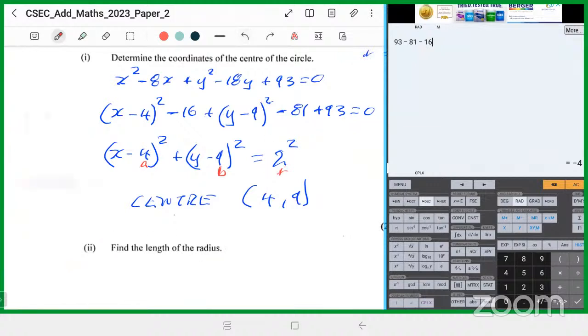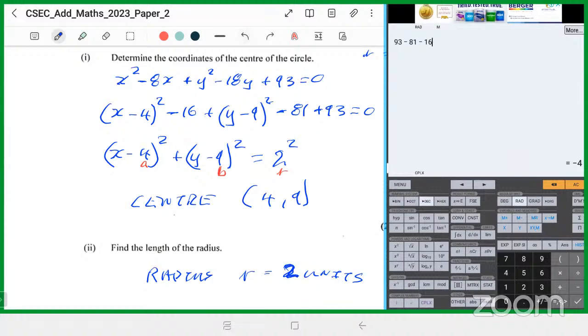So the length of the radius is 2 units. We say units because length in coordinate geometry is measured in units. Area is measured in units squared. Volume is measured in units cubed. So the length of the radius is 2 units.